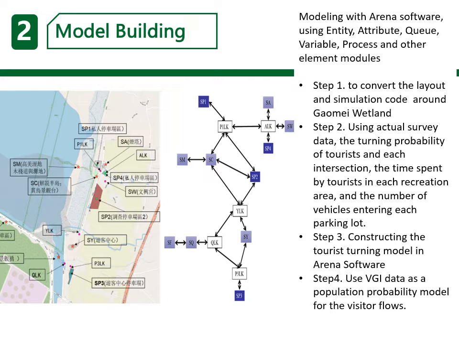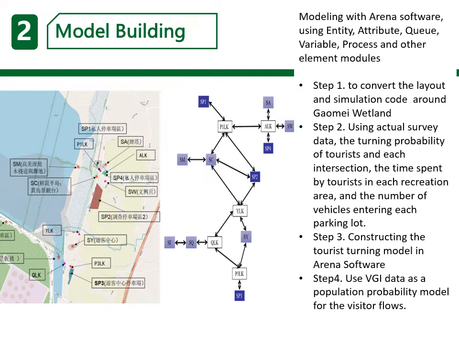Field surveys were conducted under good weather conditions that do not affect the probability of outdoor activity at each site. We constructed the tourist turning model in Arena software using entity, attribute, queue, variable, process, and other element modules.